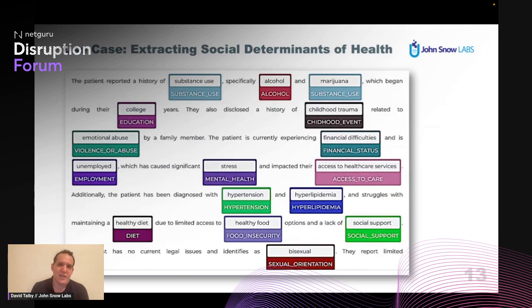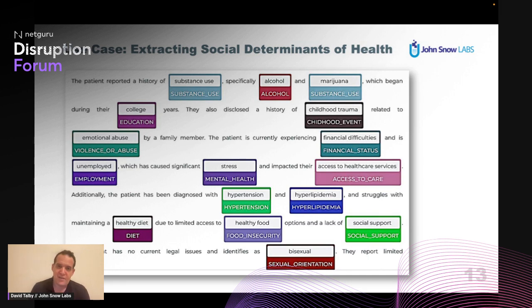One popular NLP use case is being able to extract social determinants of health. Social determinants of health are aspects of a person's life that impact their health, but are not classic medical diagnoses or procedures. For example, do you have a home? Are you homeless? How is your diet? Are you in a stable relationship?